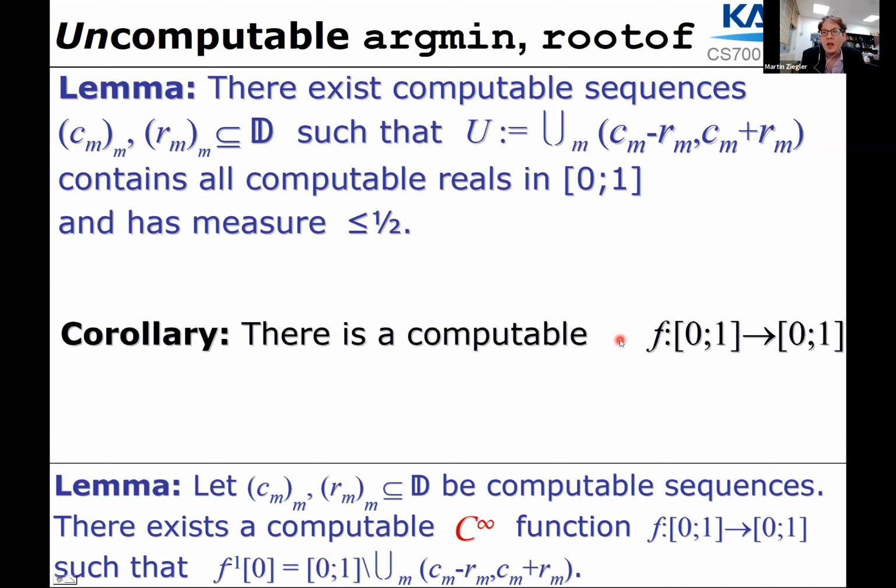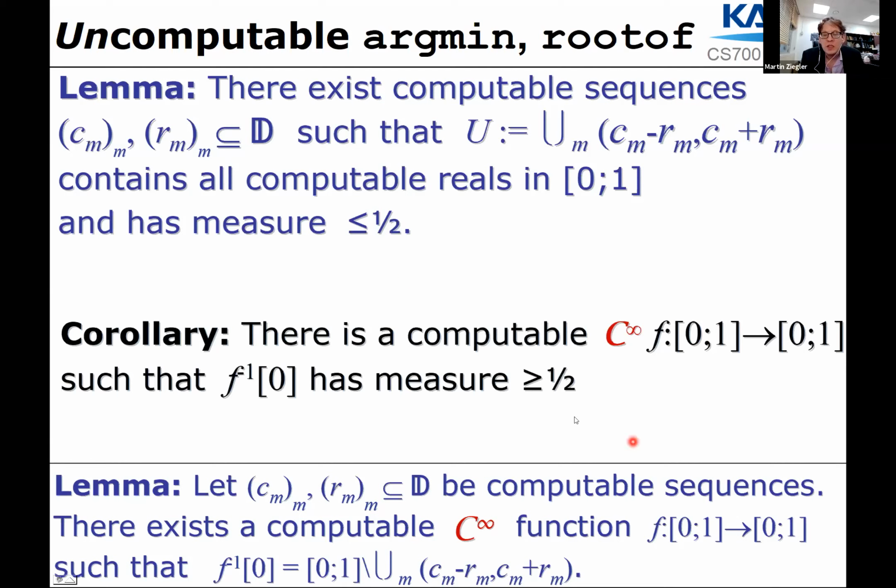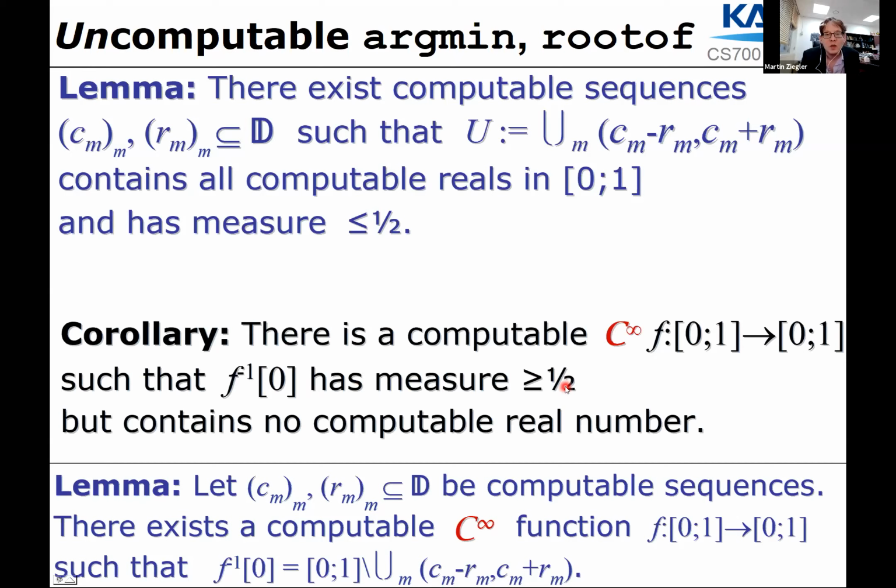There exists a computable function, and therefore continuous function, from the unit interval to the unit interval, even a smooth such function, that has many roots, that attains its minimum 0 in many points, actually in a set of points which has measure at least 1/2. The set of roots is very large, right? But avoids all computable real numbers.